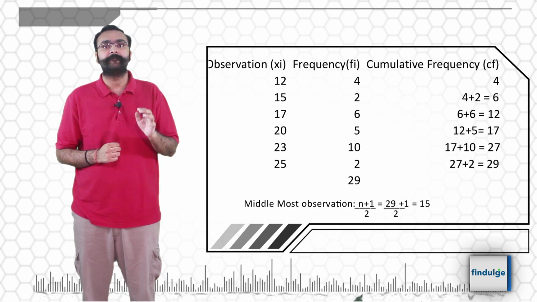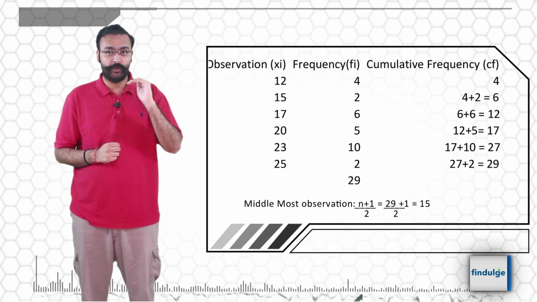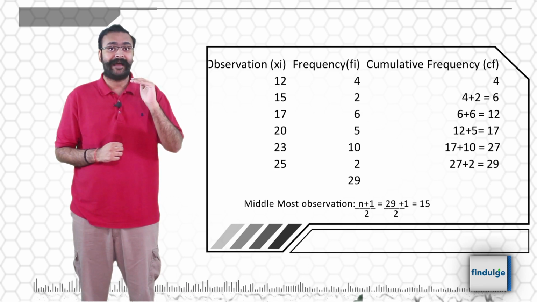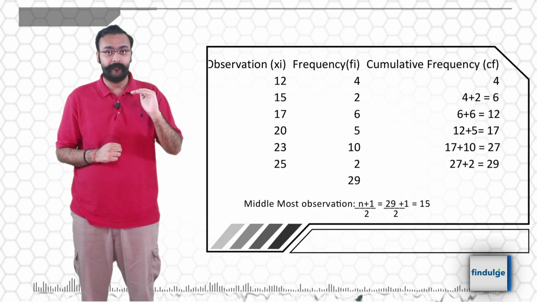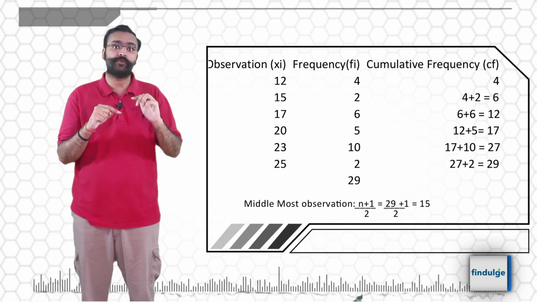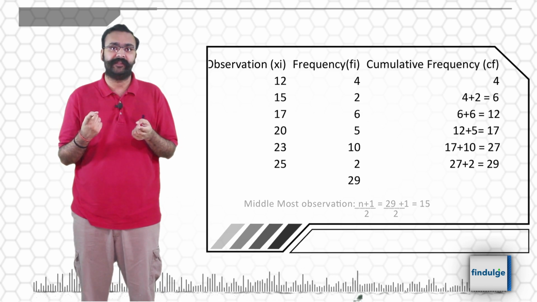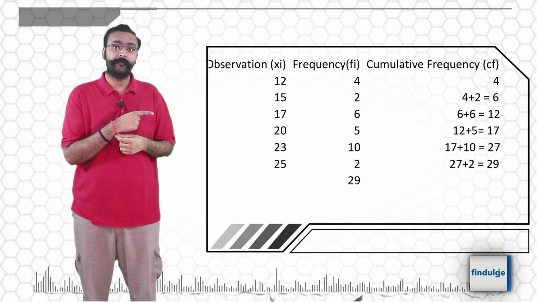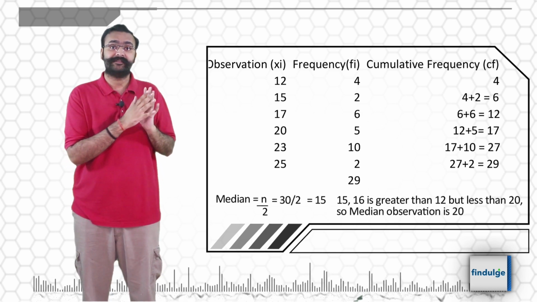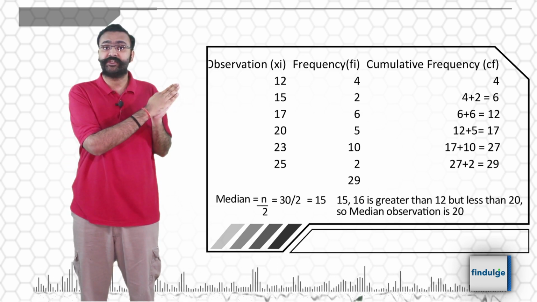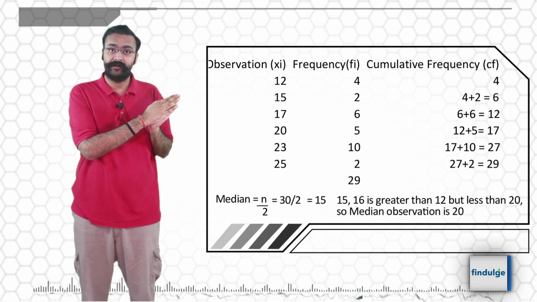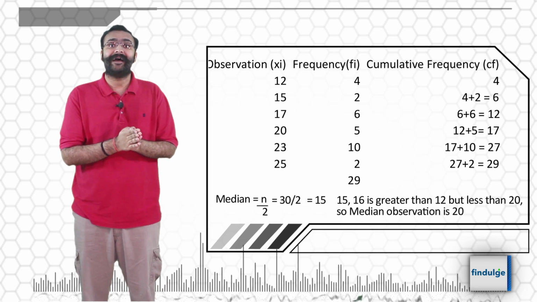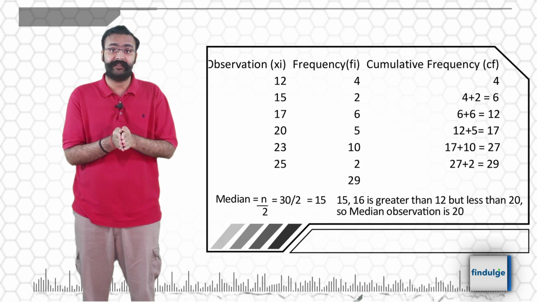What you do is, you find the cumulative frequency that's less than 15 such that the next one is more than 15. So over here, what we see is that one of them has a cumulative frequency of 12 and the next one has a cumulative frequency of 17.